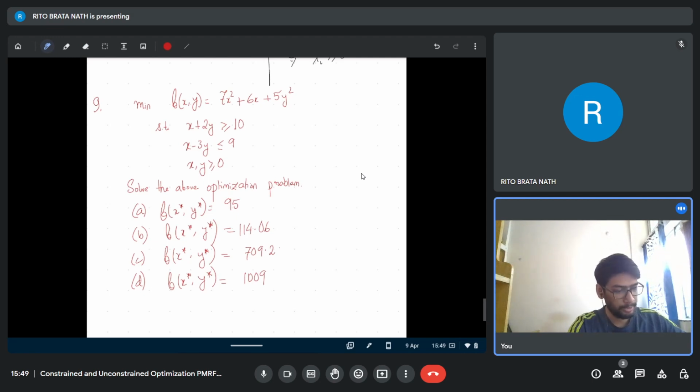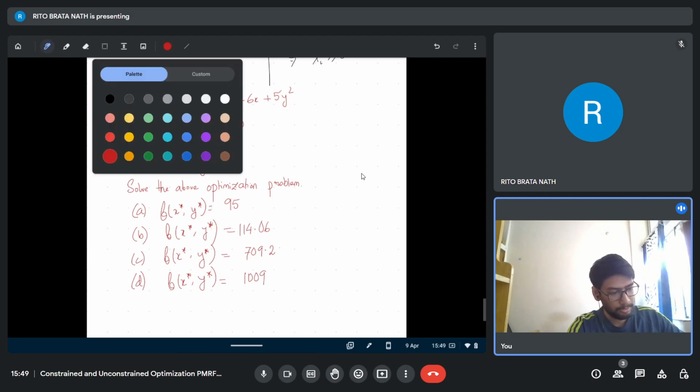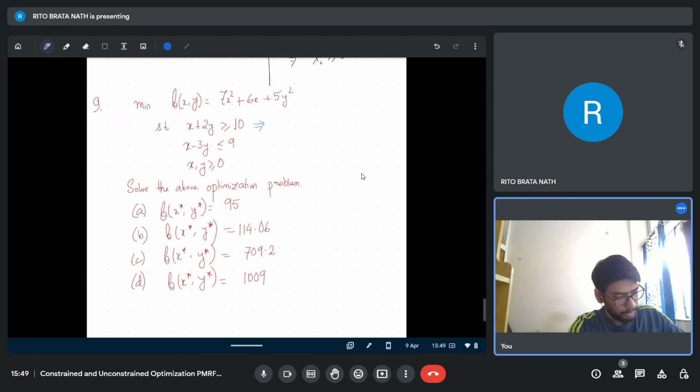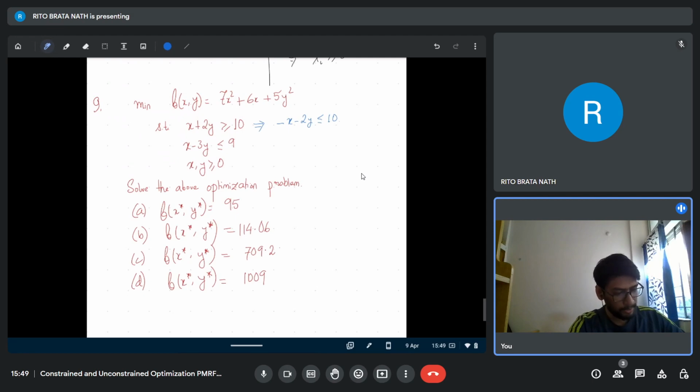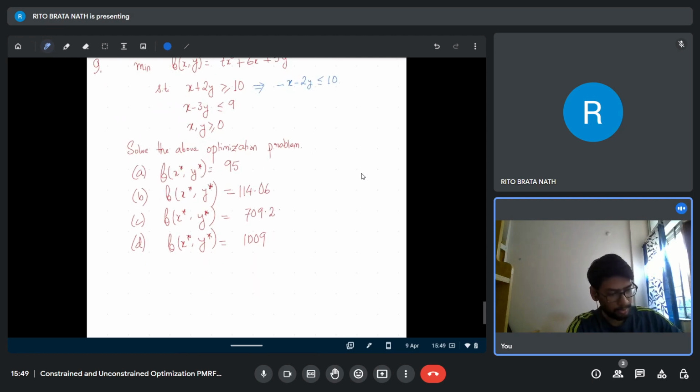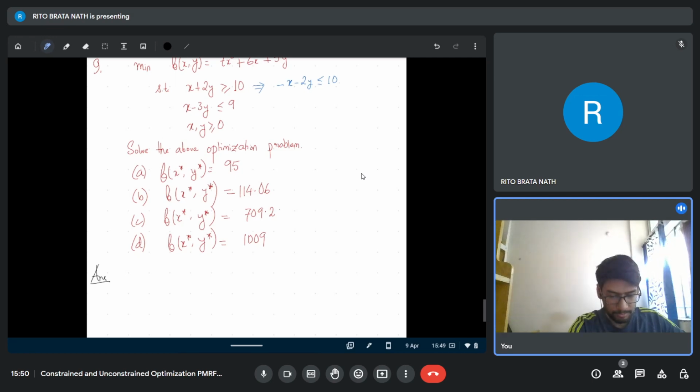So that means we can convert it into less than or equal to type, and the rest remains as it is. And now I can start to solve it. So there is a minor modification that you have to keep in mind for this problem. But let me now solve it.